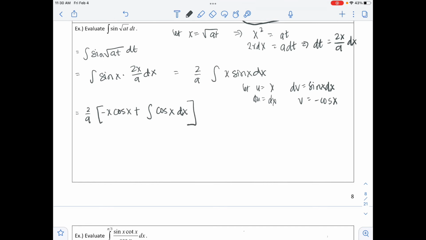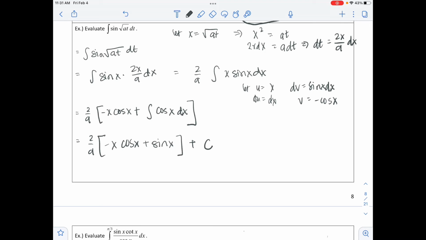So from here I can integrate this, and so I still have that 2 over a, negative x cosine of x, still the same. And then integrating cosine of x dx, we get plus sine of x. And since I'm done integrating, I'm going to put a plus c.